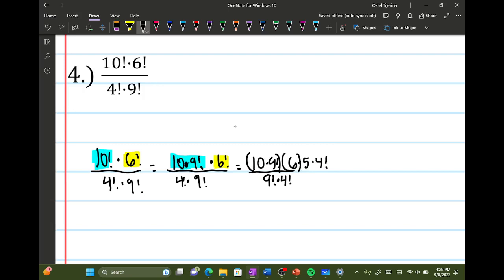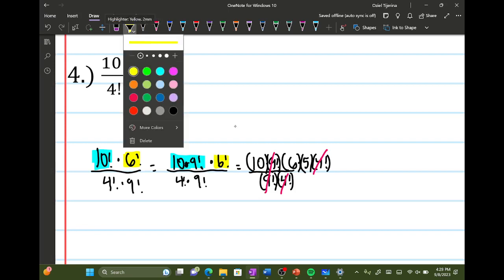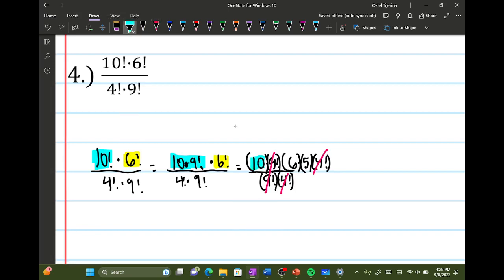And so from here, we know that the 9 factorial cancels out, and the 4 factorial also cancels out. So this gives us the remaining parts, which are 10 times 6 times 5, which is really going to be 300.